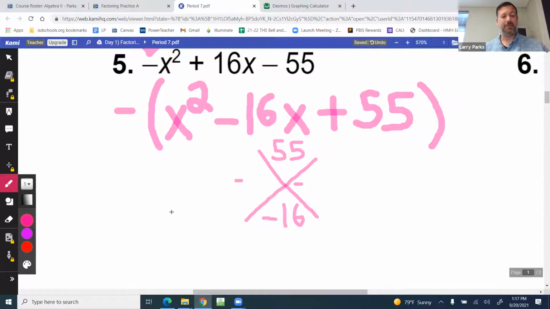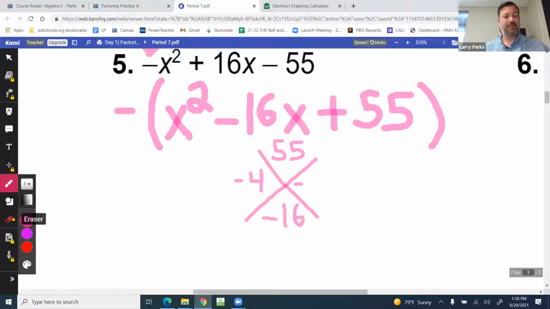Let's try 3. 55 divided by -3 is -18.333. So -3 doesn't work. Let's try 4. 55 divided by -4 is -13.75.